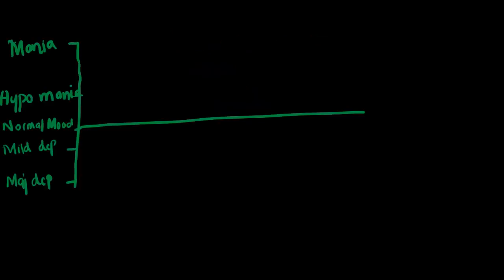So I'm going to draw a simple graph that will help you to differentiate between the bipolar 1 and bipolar 2 disorder. In bipolar 1 disorder, the patient is going to present with an episode of mania that is accompanied by a major depressive episode.